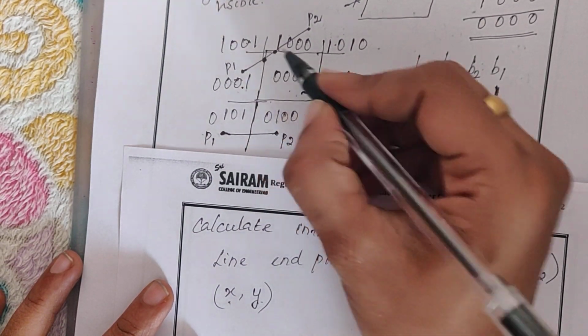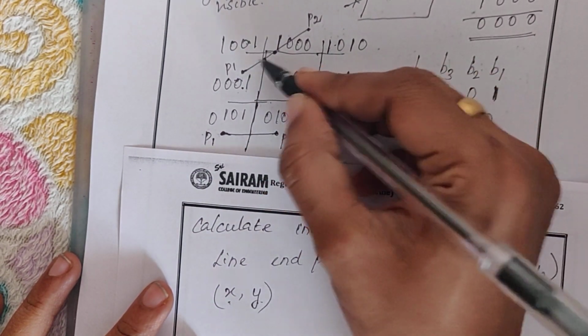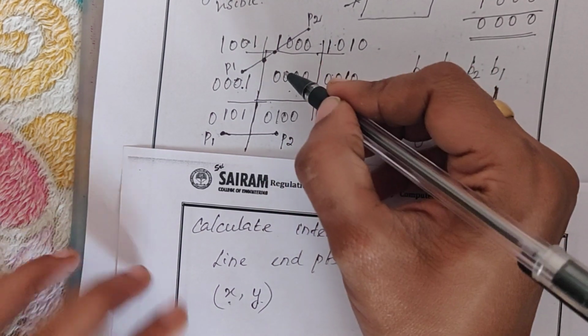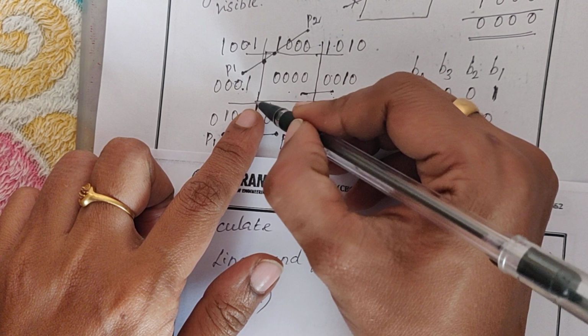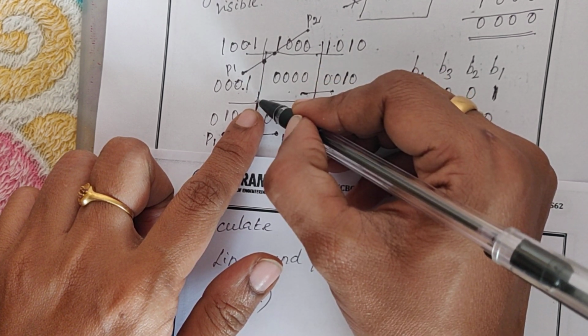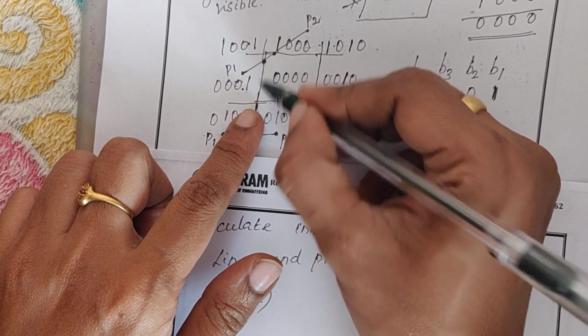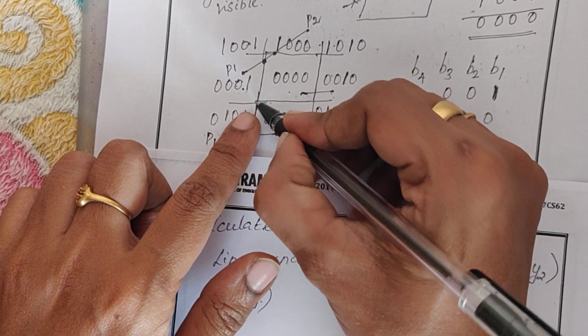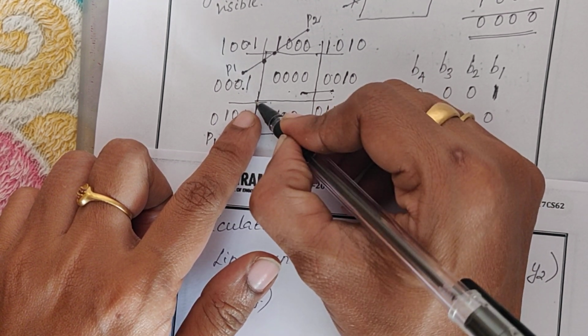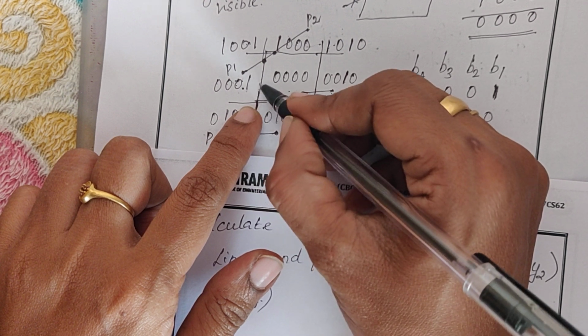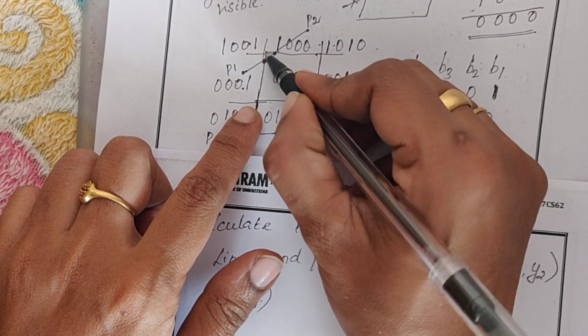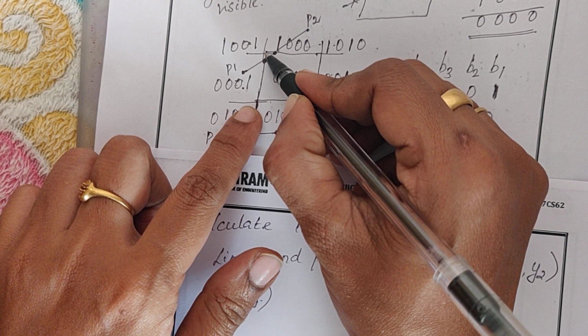This is my clipping window, and if you take this vertical line, only the y value keeps on changing, from y min up to the point where the y value reaches the maximum.